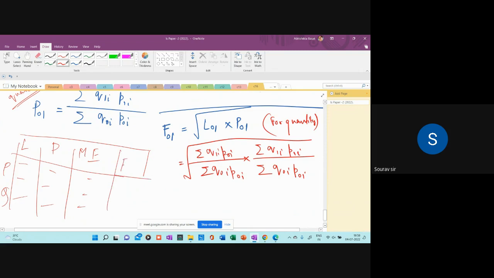You can make Fishers, you can make Bowleys, any combinations you can make, and you can find out the values from over here. And you can even make the chart more interesting by taking 0 1 as base year, and again 0 1 and 1 0, taking the reverse thing as well. So you are going to have two tables all together.